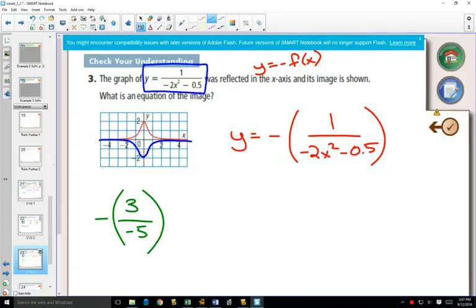What would happen if I have that negative in front and I wanted to simplify this? What is negative bracket 3 over negative 5 equal to? Someone's saying 3 over 5. So what did you do to get 3 over 5?